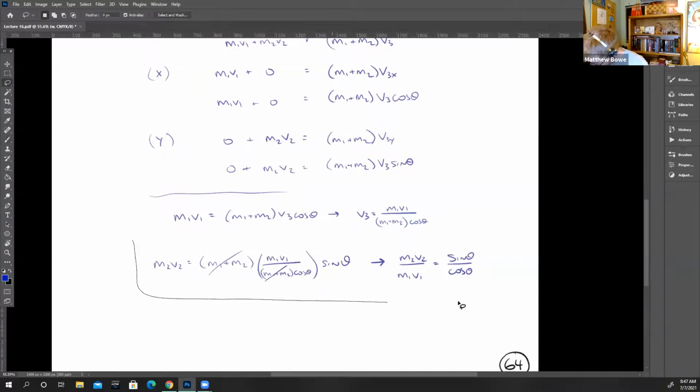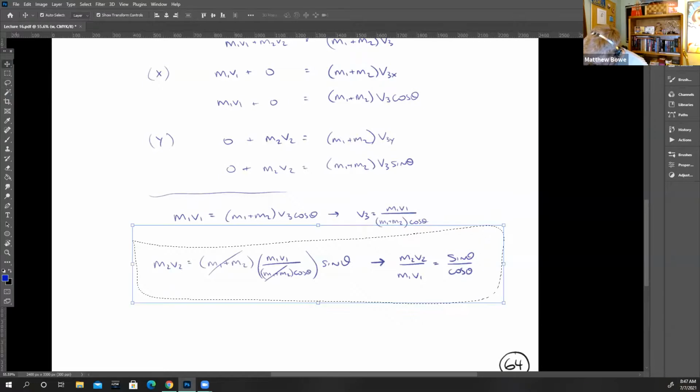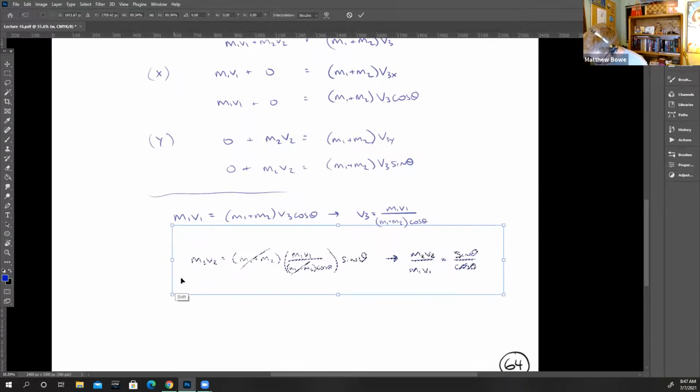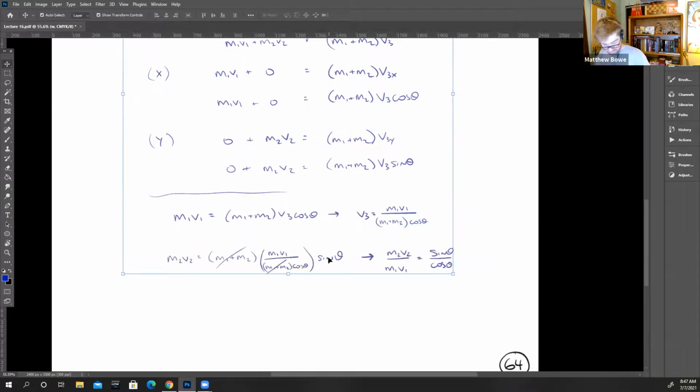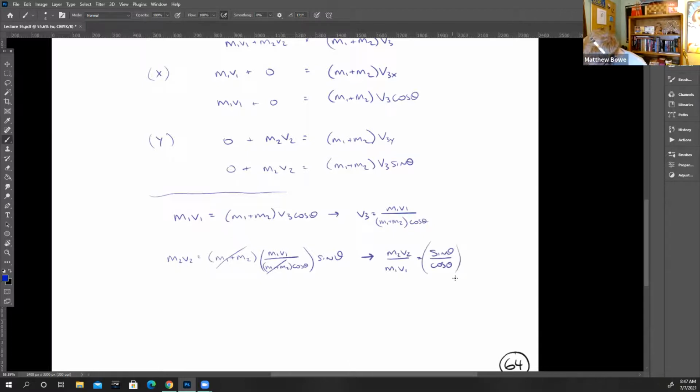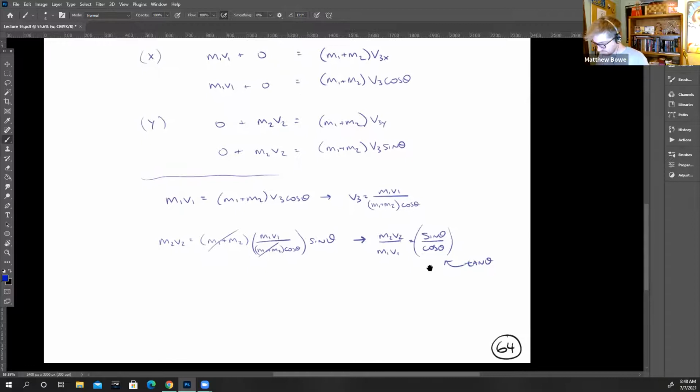We know what sine over cosine is already. That is just tangent of theta. So we have M2, V2 over M1, V1.